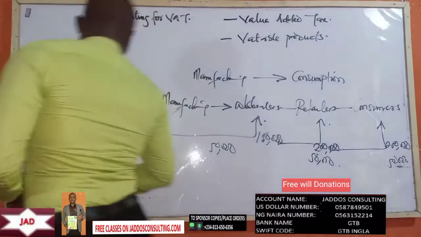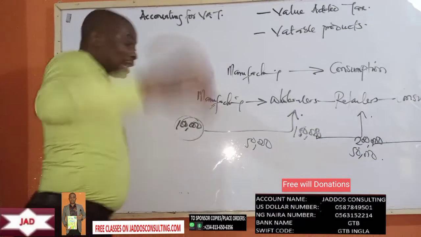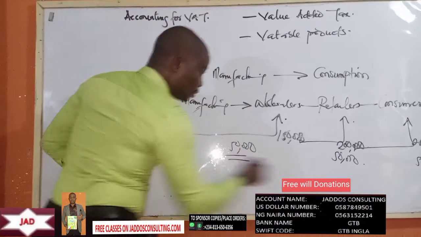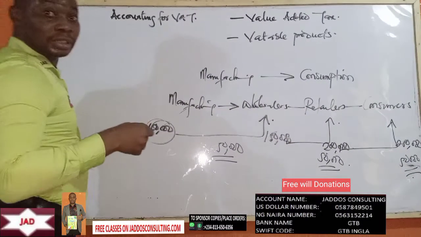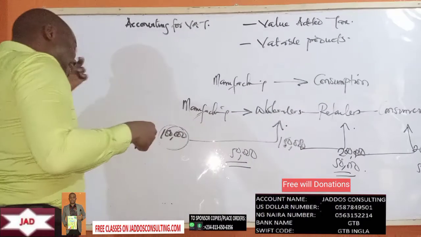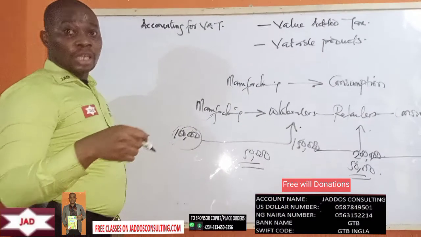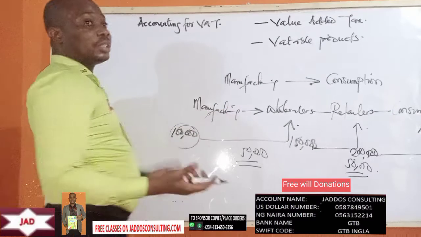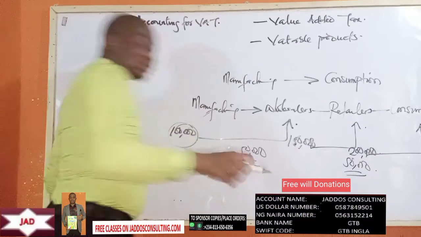Okay, so what we are saying is that on these values in figures, we should apply a percentage based on the recommendation of the VAT Act, and then remit it to who now?